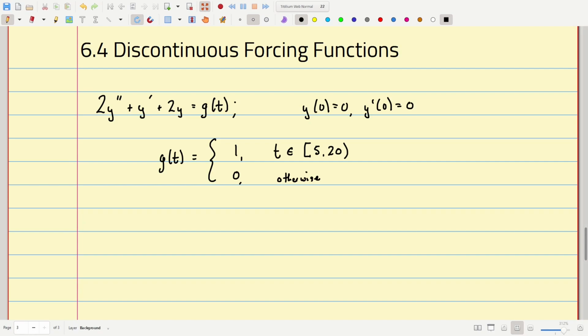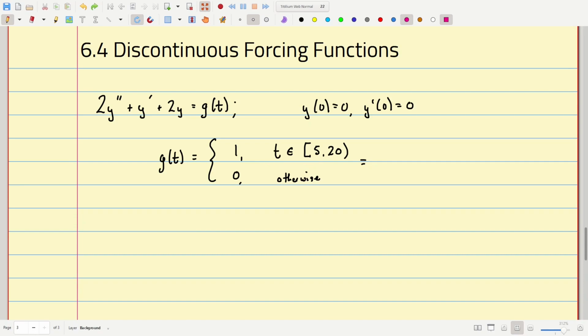We know the Laplace transform for Heaviside functions and things like that, so we're going to need to convert this into the language of step functions. Since it's 0 before 5, we don't have anything to add, right?